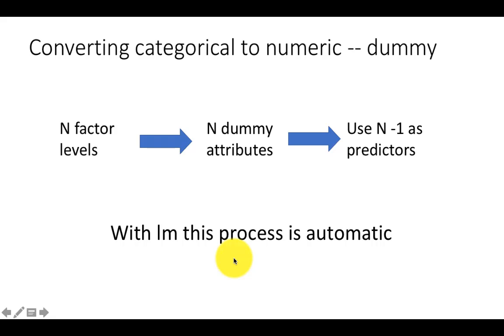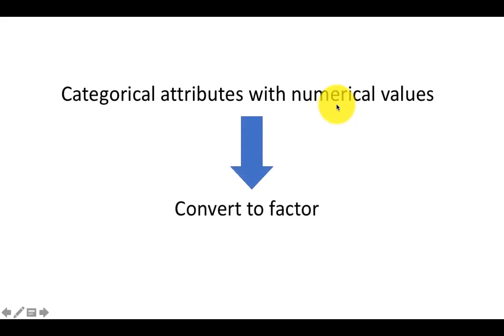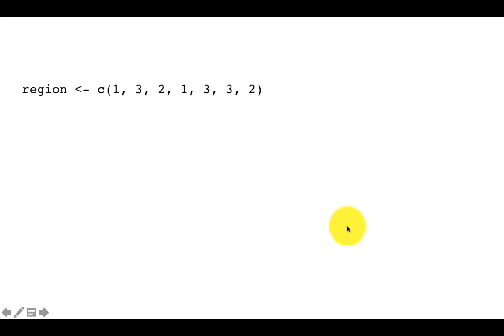If it's already marked as a factor, you have to do nothing. But if it's got numeric values and you want to make it a factor, all you have to do is convert it to a factor and leave it to lm. If you have categorical attributes that happen to have numerical values, you have to explicitly signal that it's a factor, and lm will take care of the rest.